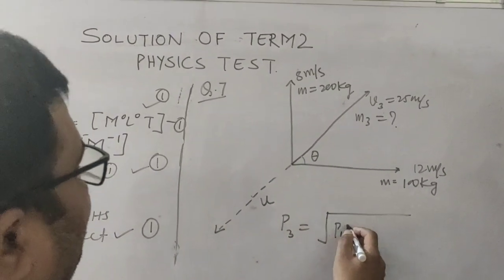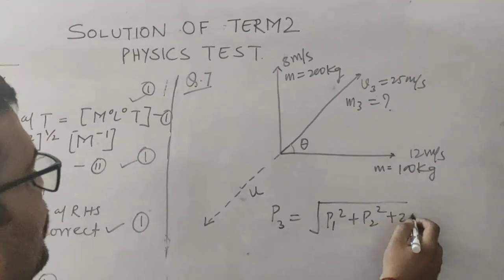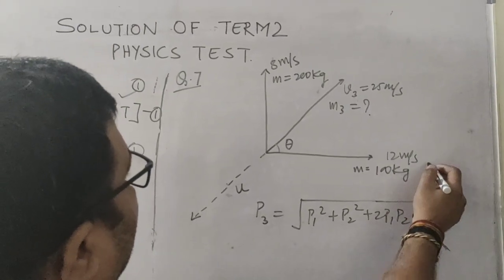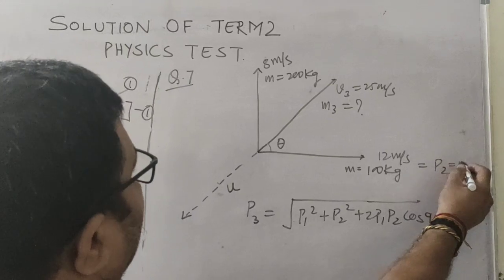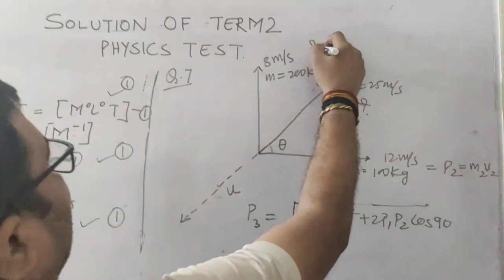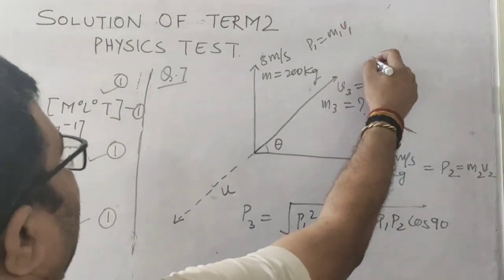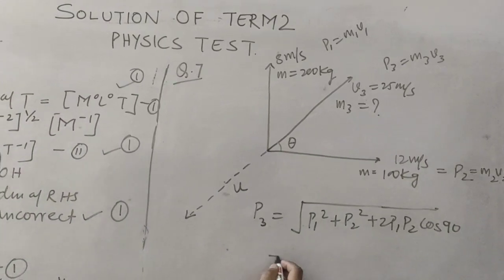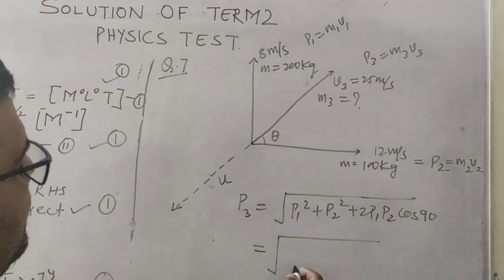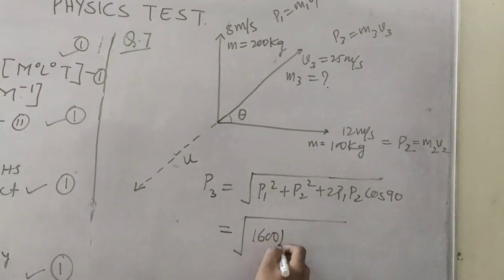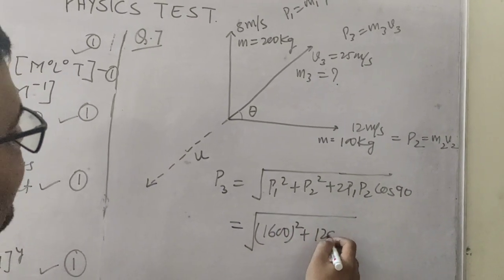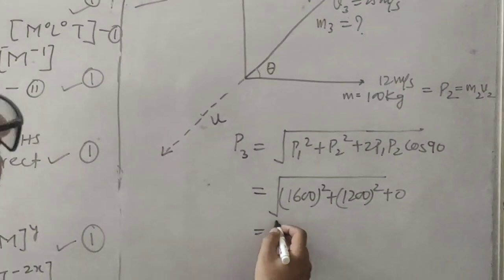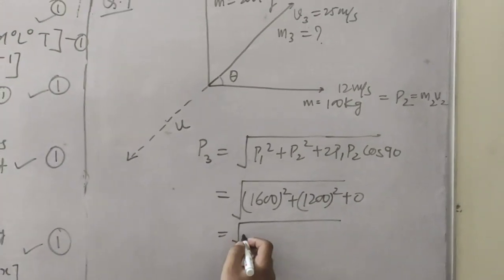So it is P3 equals root of P1² plus P2² plus 2P1P2 cos 90. P2 is M2V2, P1 is M1V1, and P3 is M3V3. Here we don't know what is M3. Now P1 is 8 into 200, that is 1600, whole square, plus 1200 whole square, plus 0. You can do it in any other method if you know the correct value.